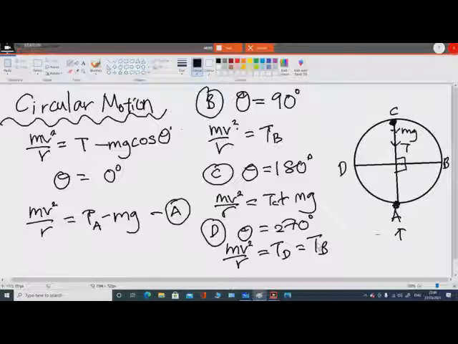So this is how we determine the motion in a vertical circle. This enables us to find the tension of the string when we are having the motion in a vertical circle.